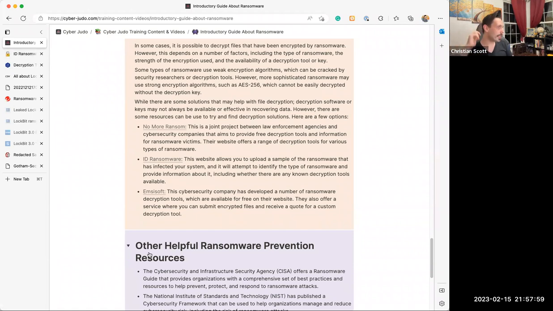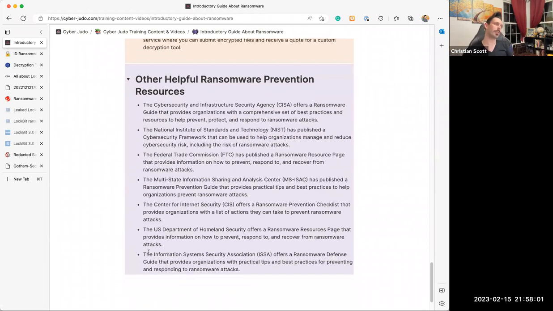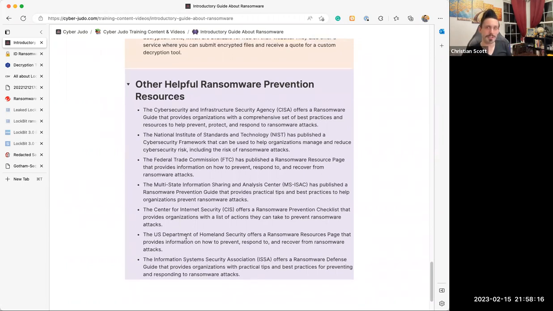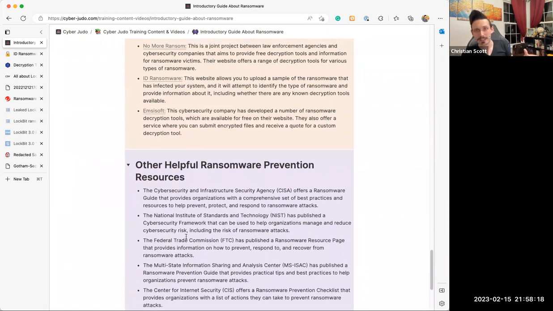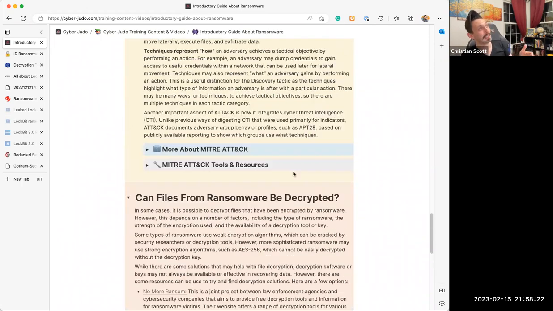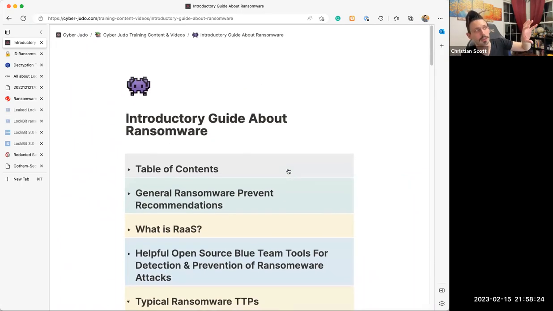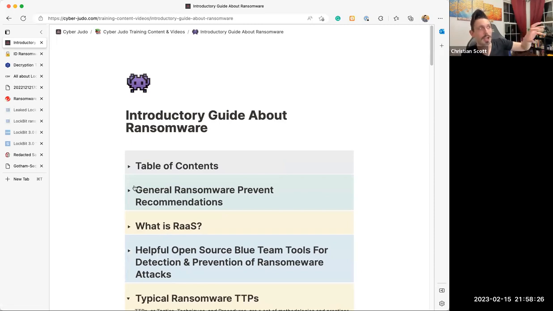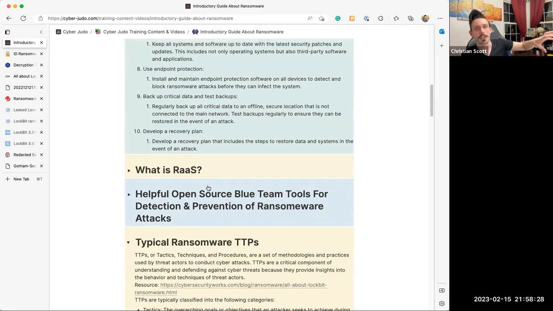And then lastly, helpful ransomware prevention resources. Wanted to make sure that I provided this because there's so much out there. There are so many different guides. Honestly, CISA, NIST, FTC, CIS, they all have a lot of really good content and resources on it. I thought just hyperlinking directly to those rather than beating a dead horse and repeating something, like, oh, here's the generic top 10 recommendations.